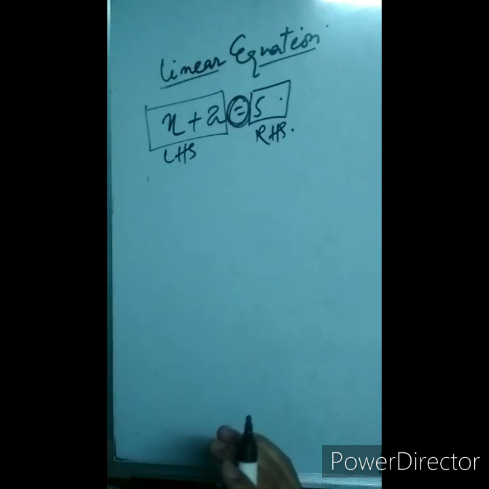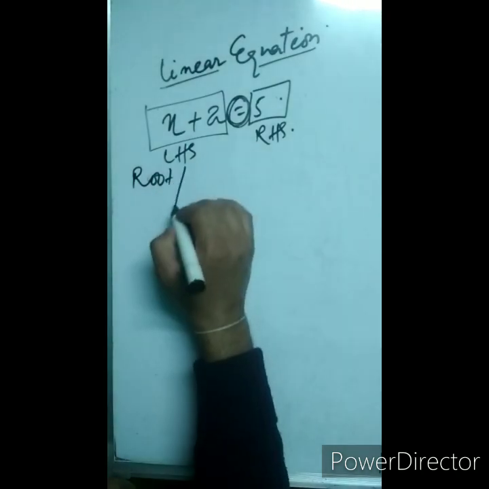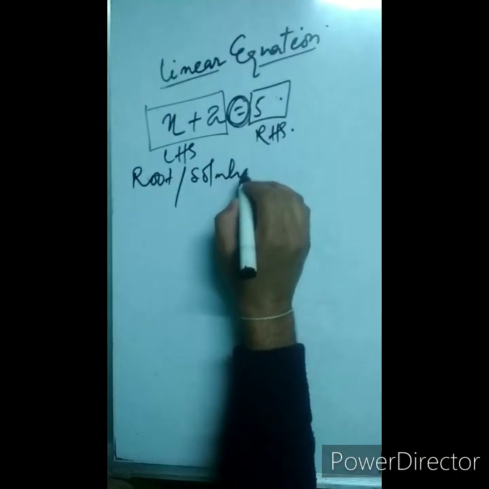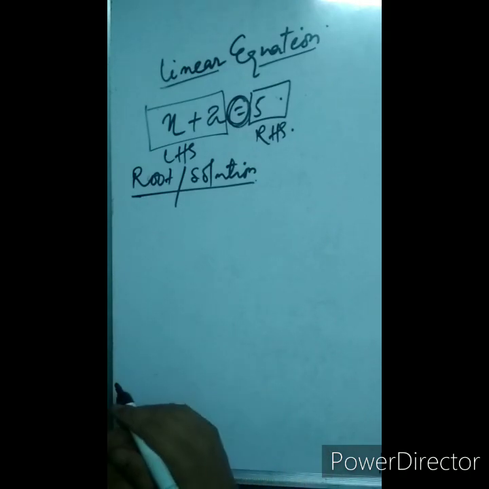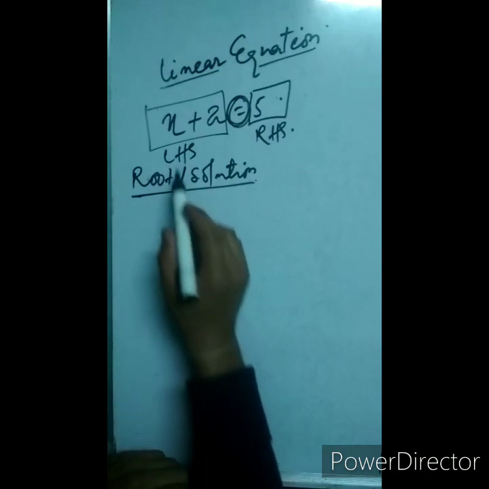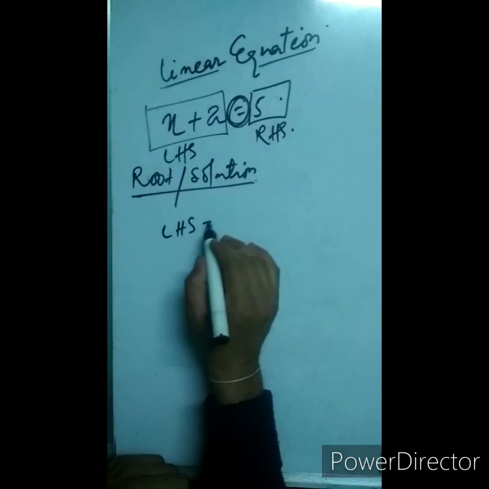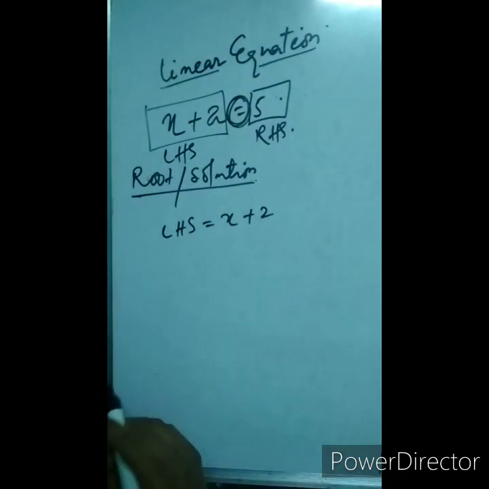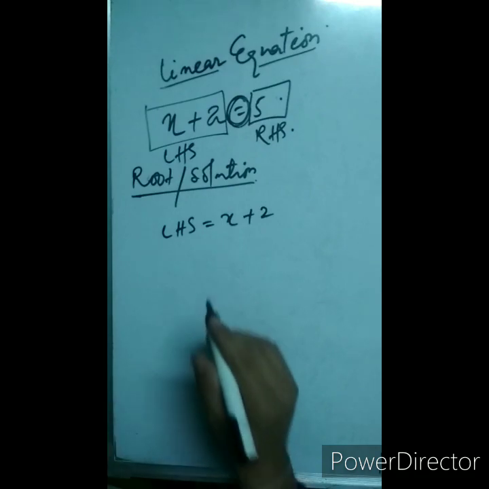After this, let me come to root or solution. Let us understand this word. What is the meaning? Please look at this equation. On the left hand side there is x plus 2. Now let me replace the value of x as 1.